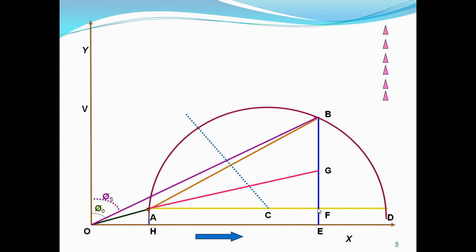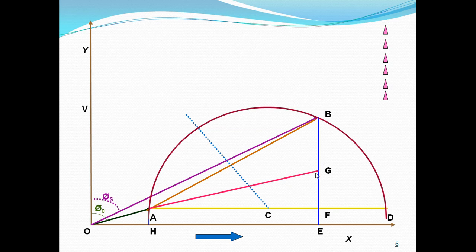If the rotor copper losses and stator copper losses are equal, then BG shows the rotor copper losses and GF shows the stator copper losses.